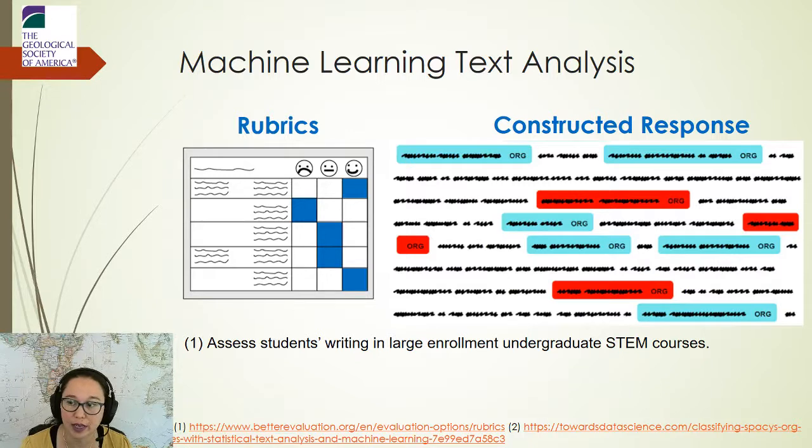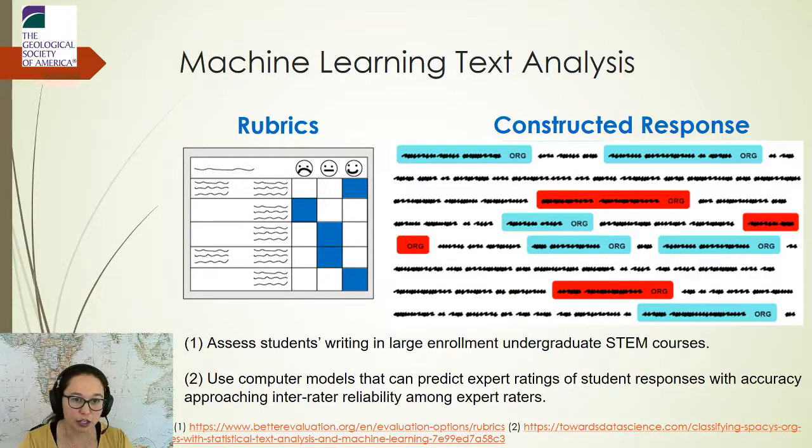So what we're doing in our project is we're creating these rubrics, we're collecting actual responses from students in classes, and we're feeding them into a machine learning algorithm that's going to look at the responses of students and how they're graded by multiple graders, and then constructing its own assessment, right?